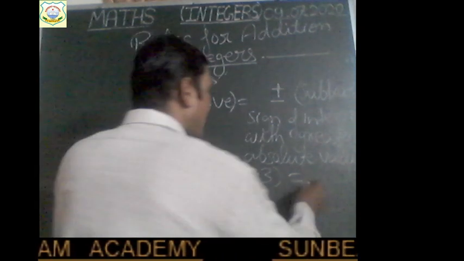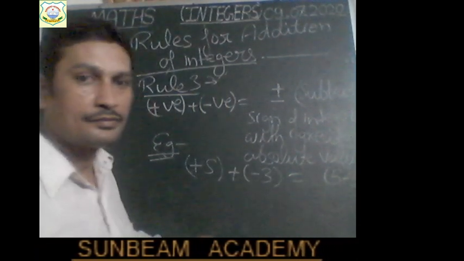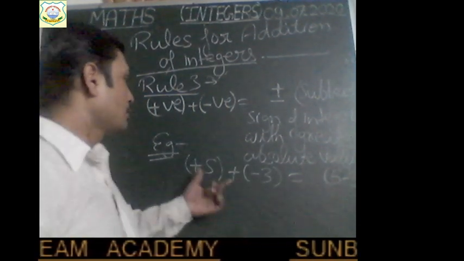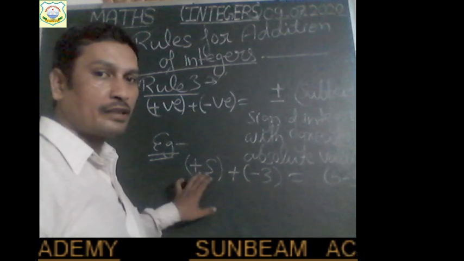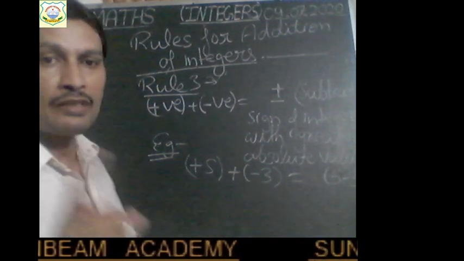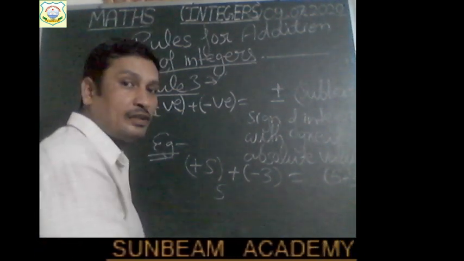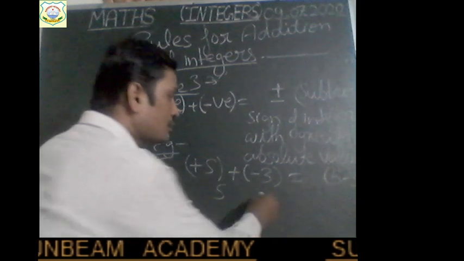So you have to subtract 5 minus 3. And 5 and minus 3, which one is greater, plus 5 or minus 3? Obviously plus 5 is greater. If we write the absolute value of these two integers, the absolute value of 5 is 5, the absolute value of minus 3 is 3.